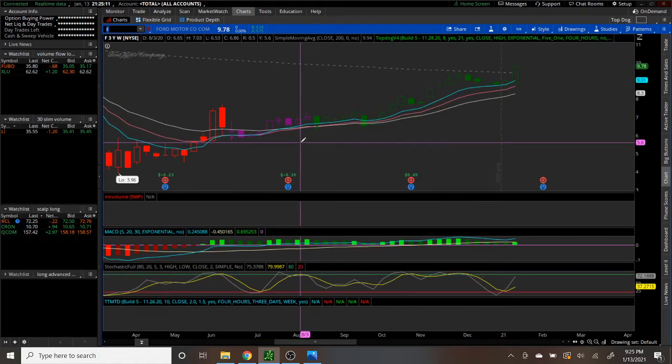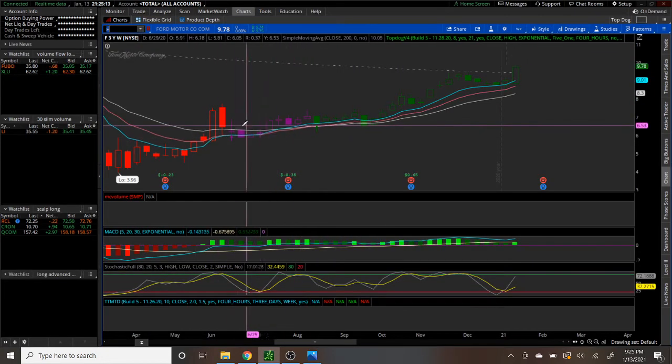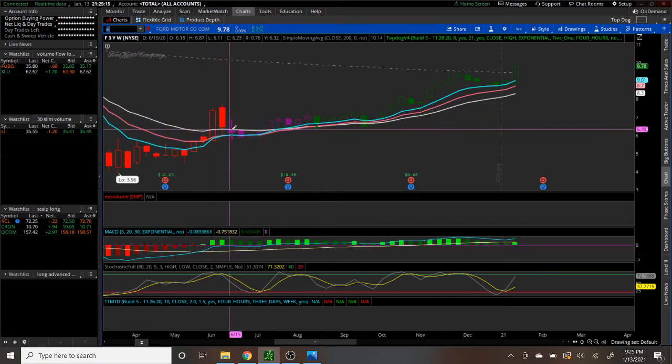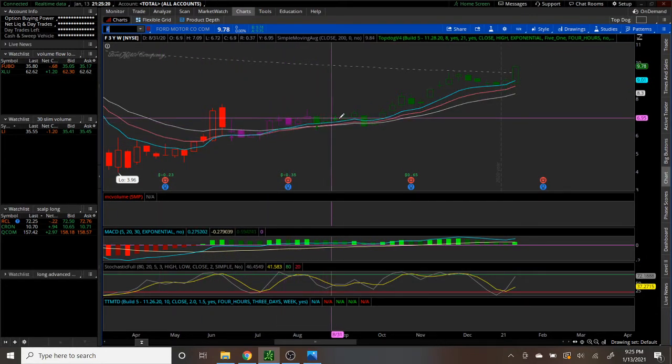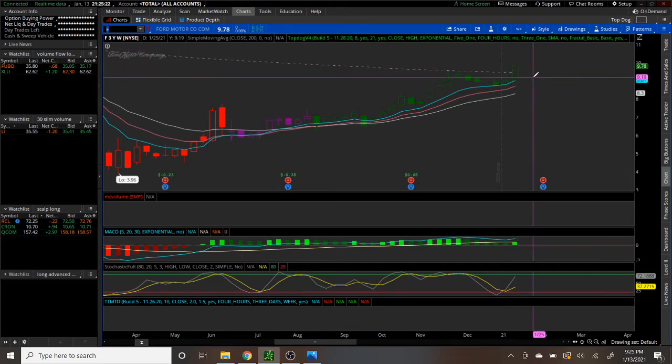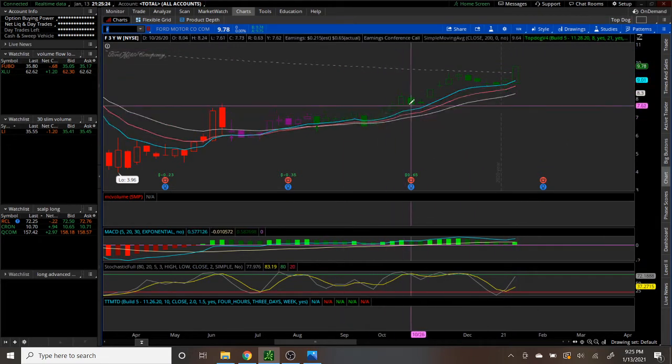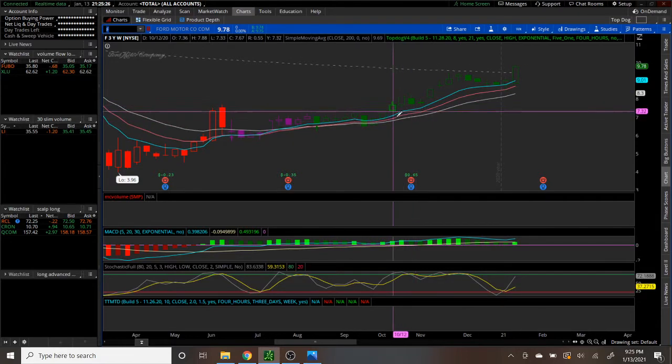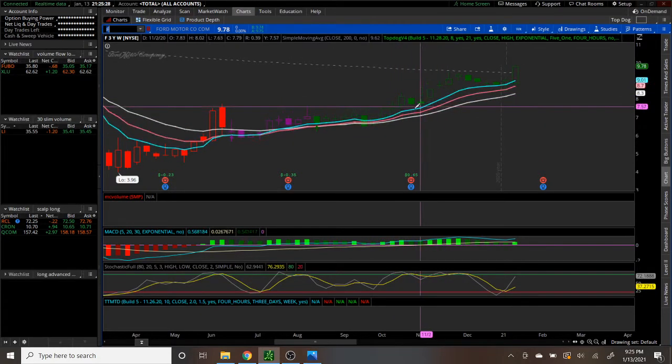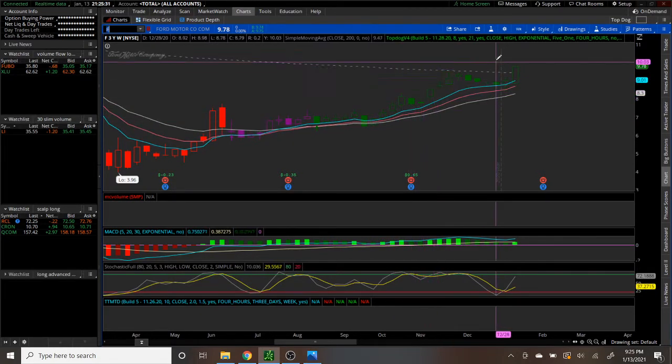But if you remember when we talked about Ford, same thing, right? Here it is. It makes this big push, and it's kind of just been hanging out here, and then finally it moved up. Obviously, I closed this sometime late last year, because I was running out of time, right?